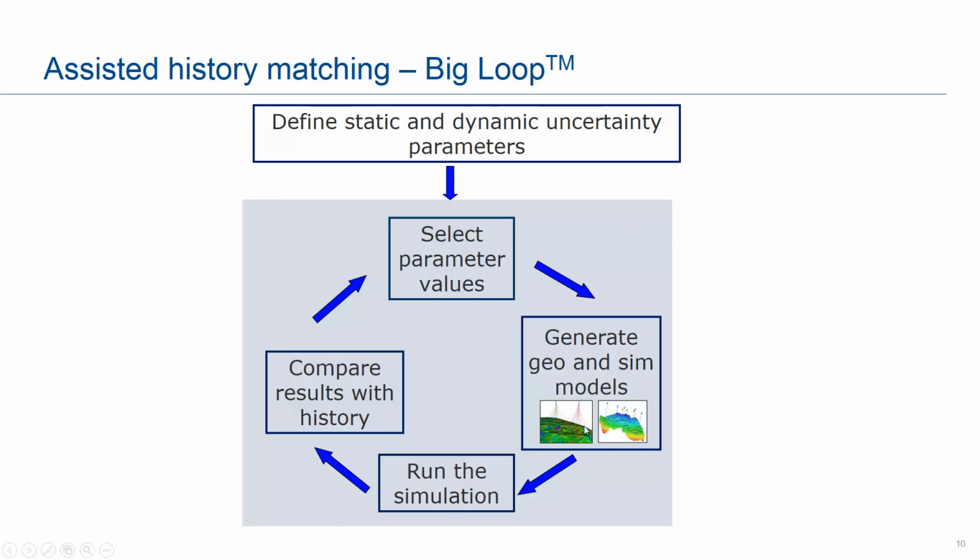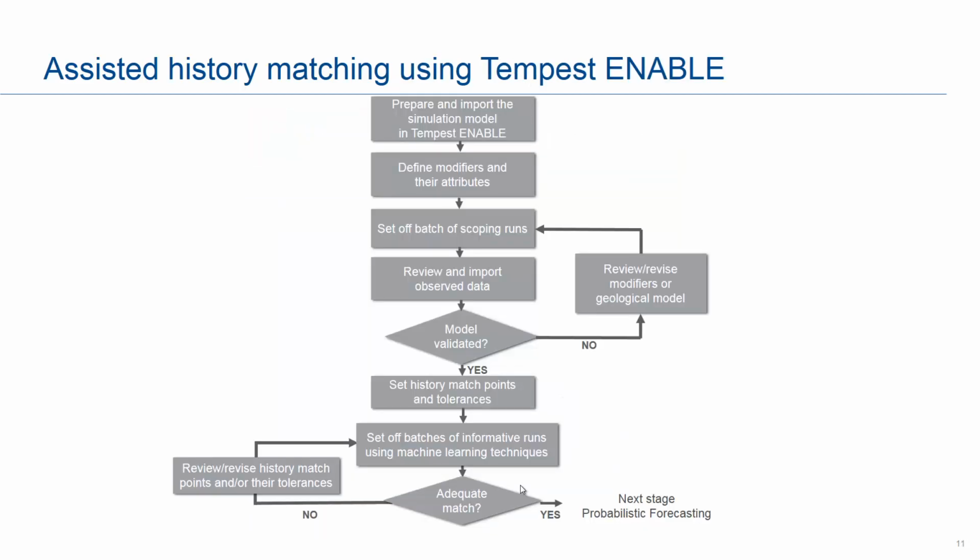The only difference would be that Tempest Enable will generate the geological model from your geomodeling package, and then it would upscale it to the reservoir model, and then you would run the simulation, compare the results, and then the loop would repeat itself, and that would ensure that the simulation model is consistent with the geological model.